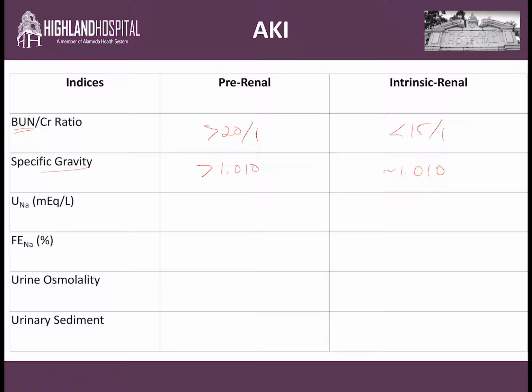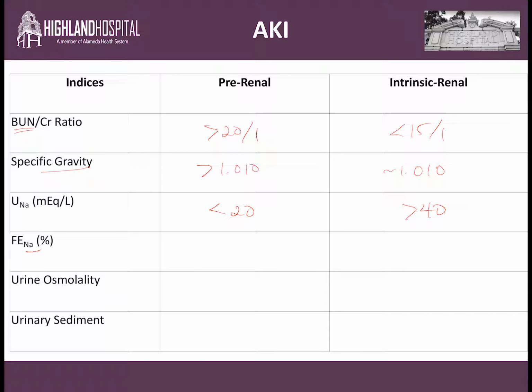Now, we mentioned that in a low flow state, pre-renal, you want to grab onto as much sodium as possible, so urinary sodium here is going to be less than 20, whereas in intrinsic renal failure, since your tubules are not working, your urinary sodium is going to be greater than 40.